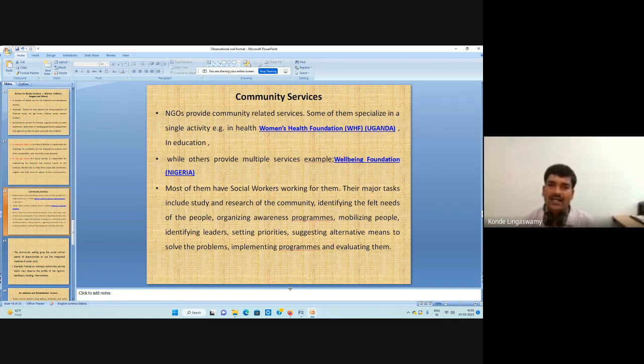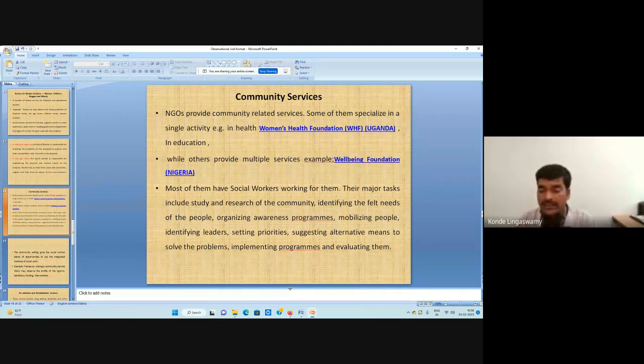These community service providers first identify the felt needs of the people, and after that organize awareness programs about the needs or problems, mobilize people and identify leaders.